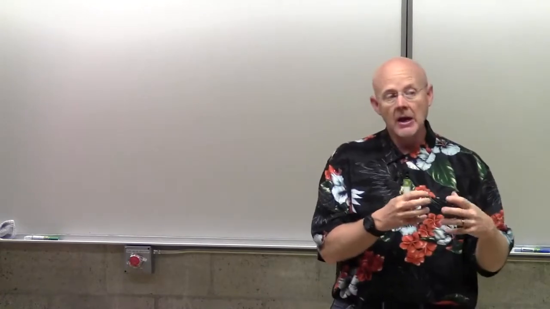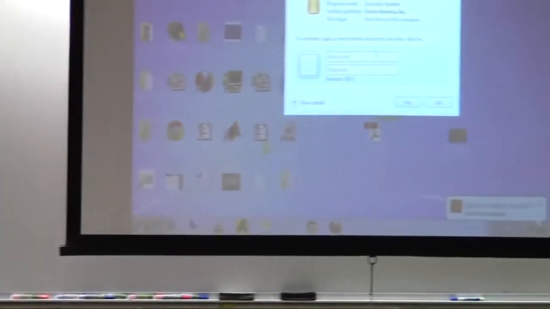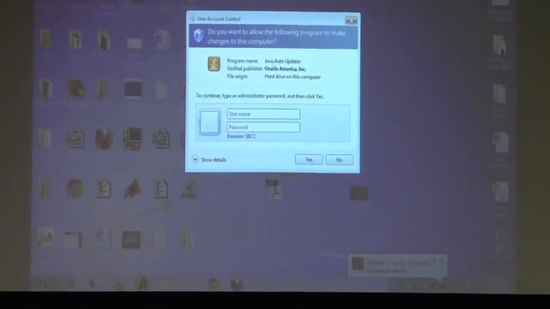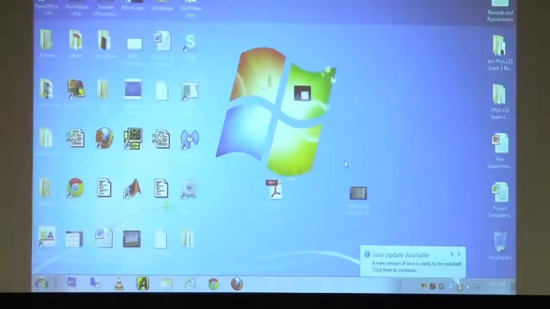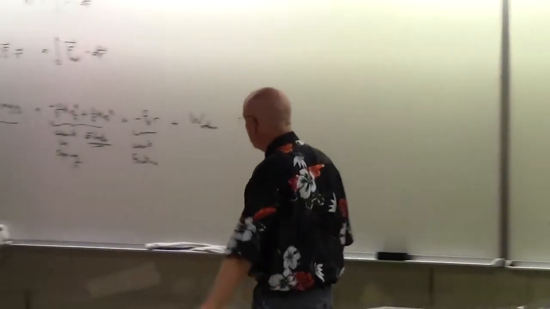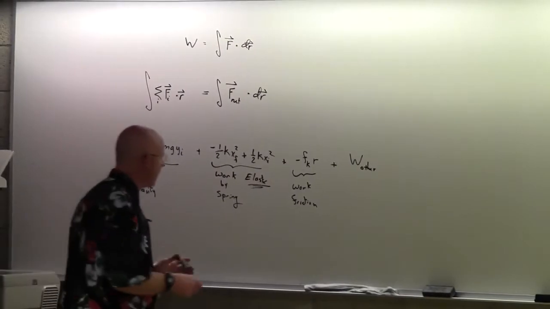We might call that later on a chemical energy. Let me adjust this as we get started here. Let's see, and I think that covered everything. 1, 2, 3. Yeah, I think that was it.